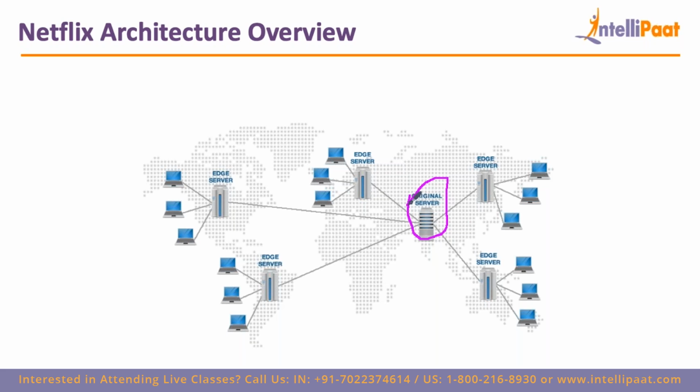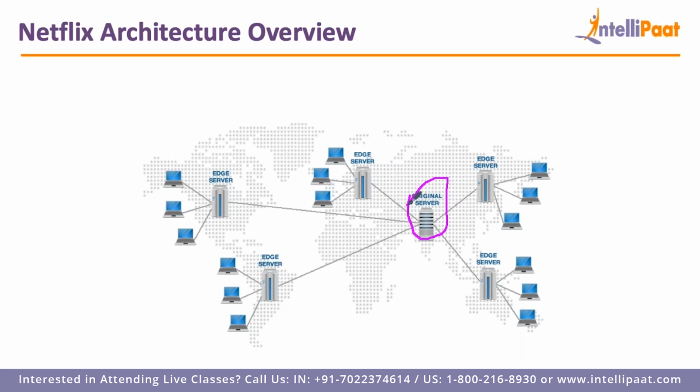A content delivery network basically deploys or has servers in many parts of the world, right? That is taken care of by your cloud provider. For example, let's talk about cloud providers like Amazon, Azure, and Google Cloud.